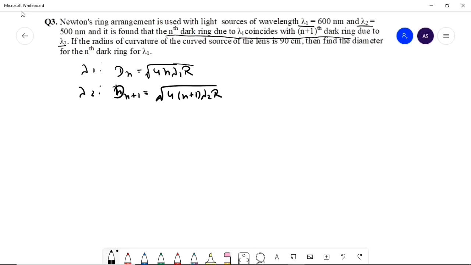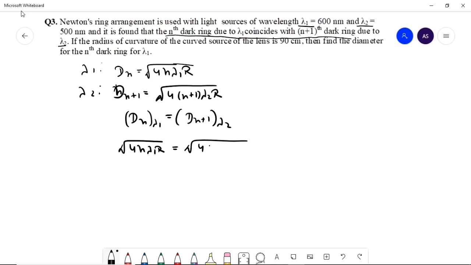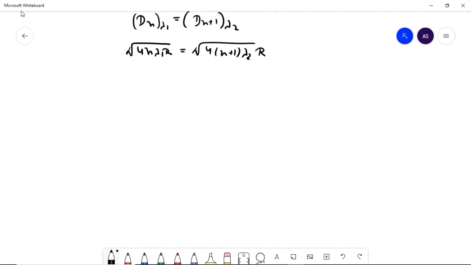And these two values coincide. It means that Dn due to lambda 1 will coincide with D(n plus 1) due to lambda 2. At that condition, 4n lambda 1 R is equal to 4(n plus 1) lambda 2 R under the root.